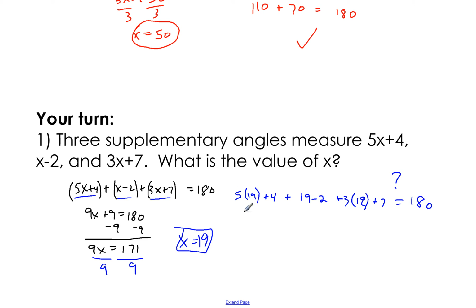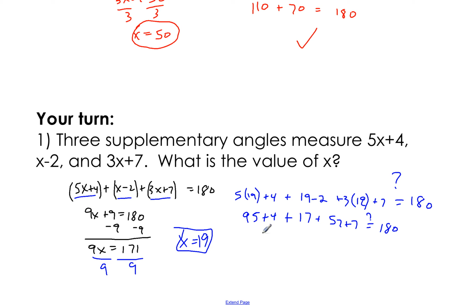So 5 times 19, well, that's 95. So I have 95 plus 4 plus 19 minus 2, which is 17, plus 3 times 19, which is 57, plus 7. Is this equal to 180? Let's see.